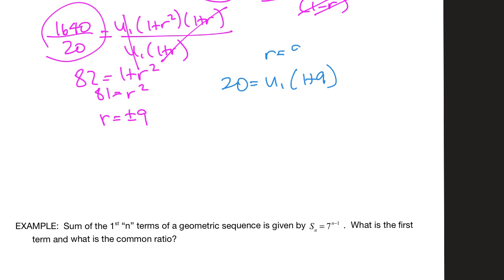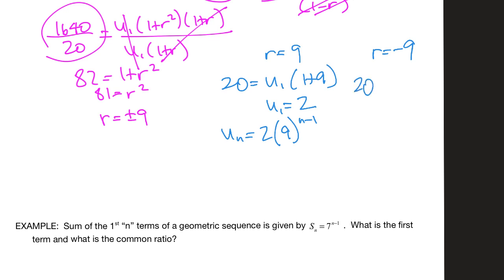This is for the situation where r equals 9. And I end up with the first term equaling 2. In other words, the whole formula here is going to be the first term times the ratio raised to the n minus 1.